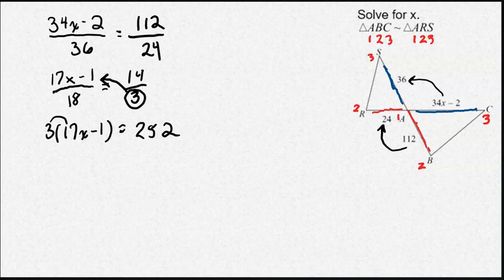Now I'm going to distribute, and 3 times 17 is 51. X minus 3 equals 252. Another thing to be careful of. So I am genuinely getting nervous that this might not work out and I might have to go back and edit this.